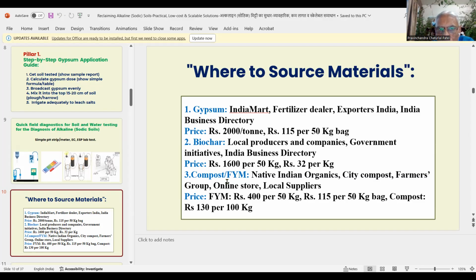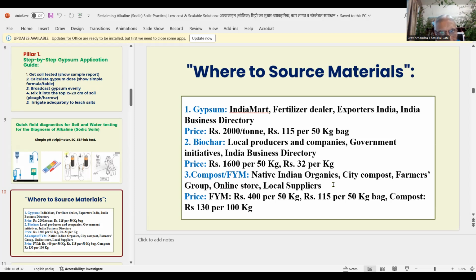Then third one, compost: farmyard manure, cow dung manure, or buffalo manure. So native Indian organic city compost, farmers group, online store, or local supplier.